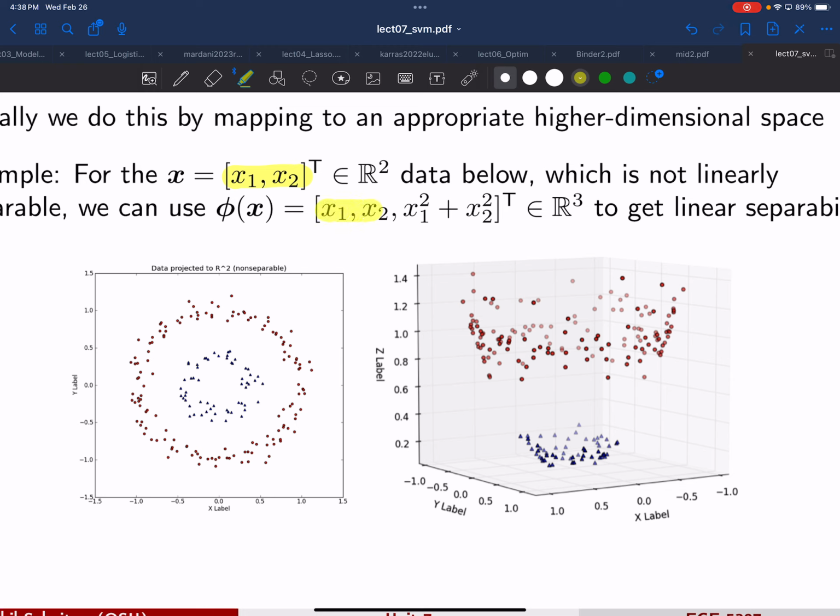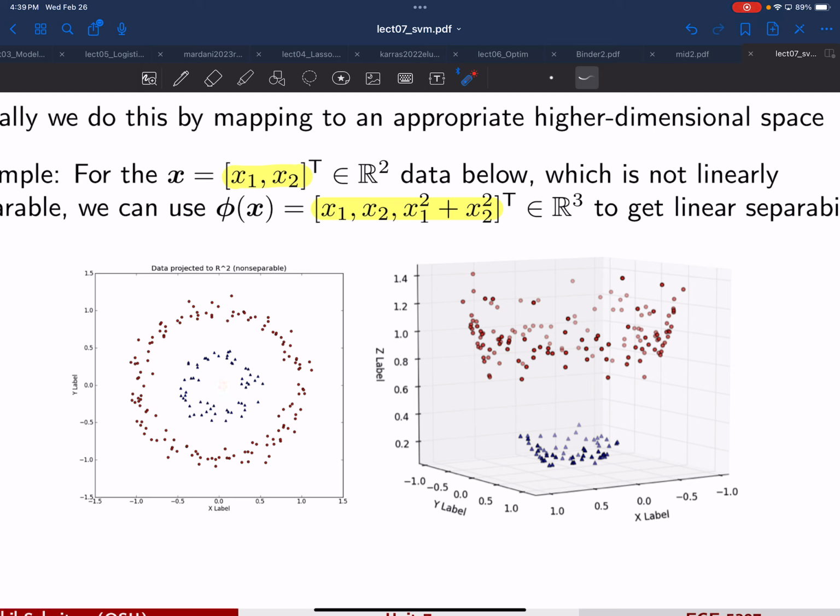But now let's say I have a feature transformation that keeps the first two dimensions the same, but then adds a third dimension, assuming that this is the origin here. It's going to add x1 squared plus x2 squared, right? That new feature describes how far a point is from the origin.